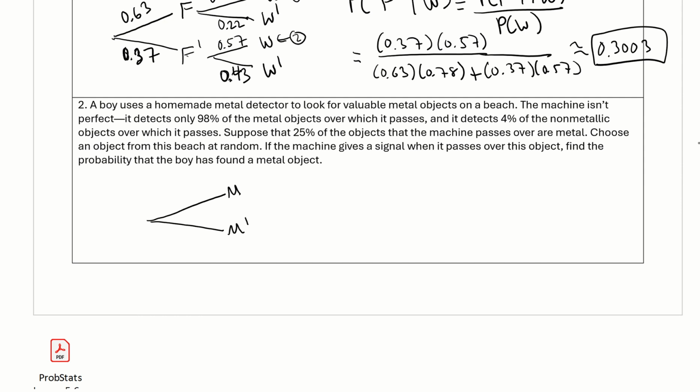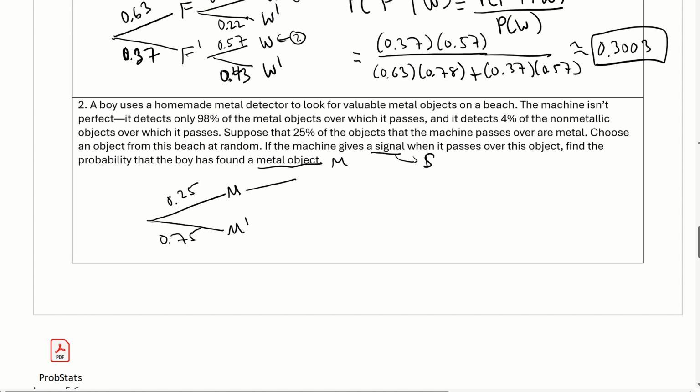So M is for metal, and then signal, we're going to say S. So signal means it detects, okay? All right, so we got 25% of the objects are metal, so 75% are non-metal.